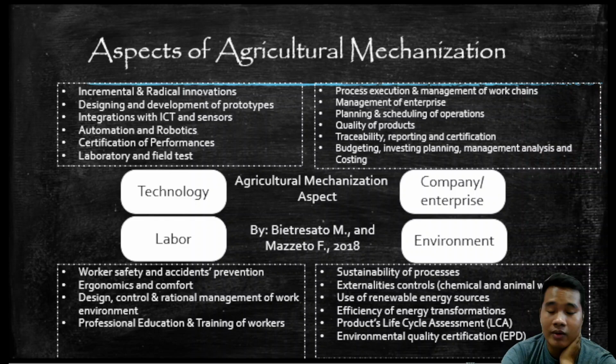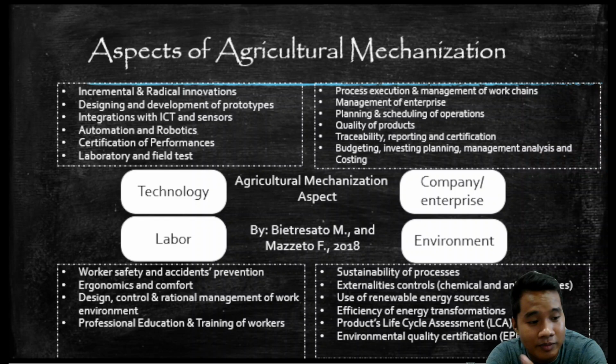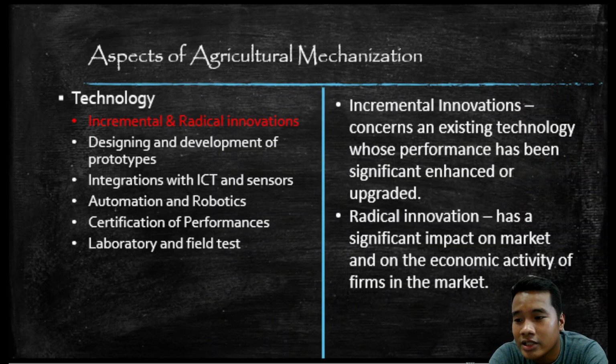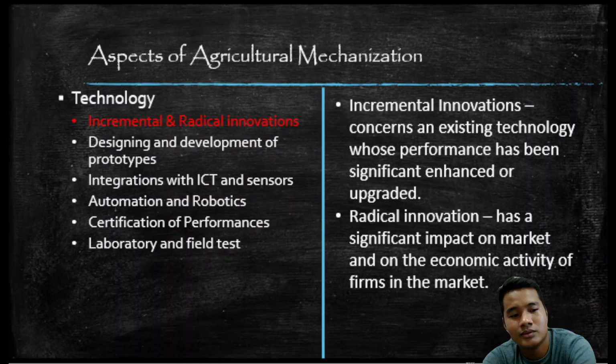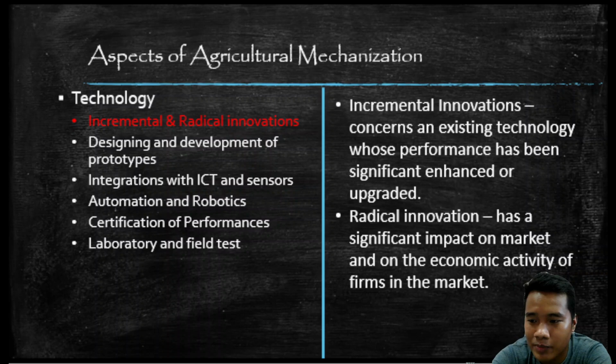The environmental quality certifications are also very important so that we can assess the effect of this machinery on the environment. So let's try to discuss each of these sub-aspects.